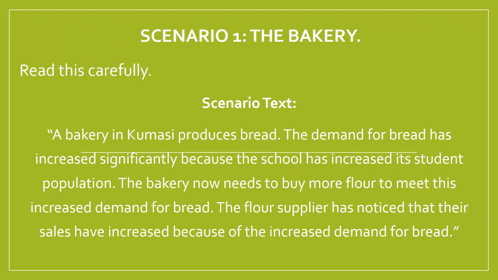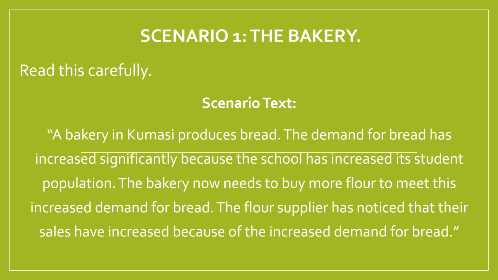The first scenario, the bakery. I should have shown you images of flour, wheat, and bread, but all the same, let's go through it this way. What type of demand is this? Look at the scenario text.